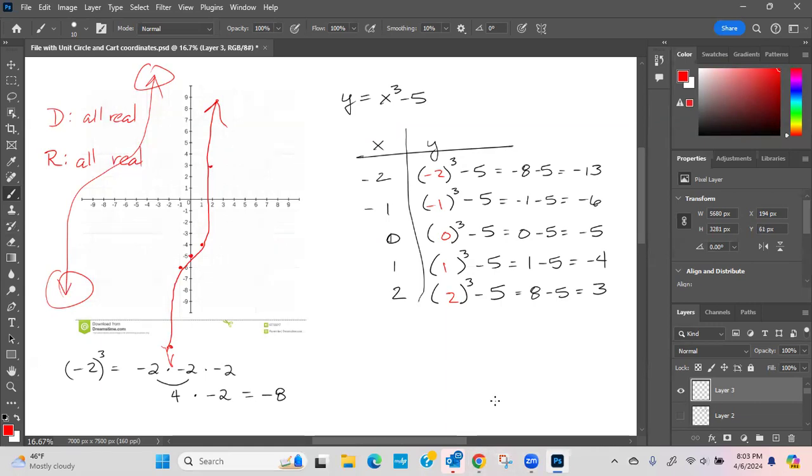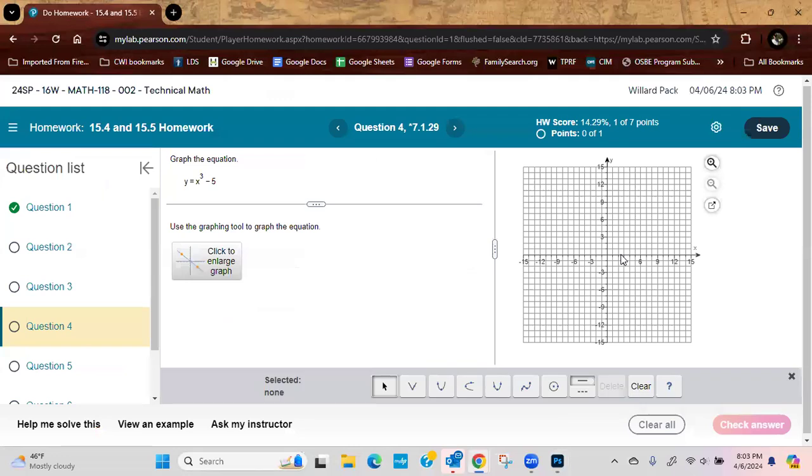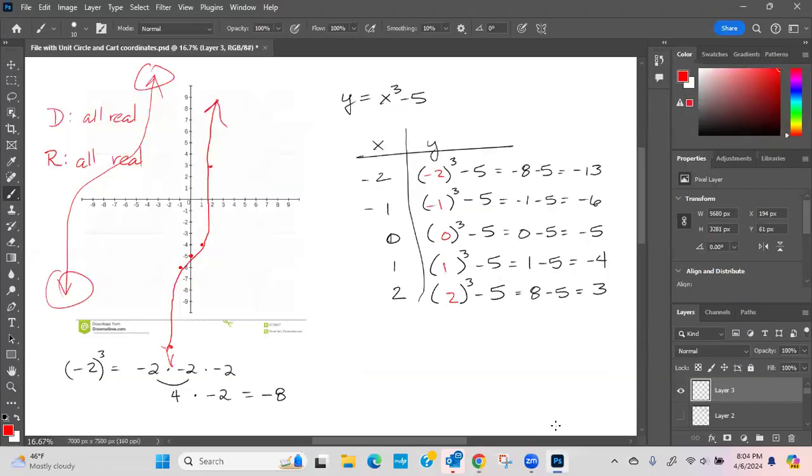Let's go into our problem and see if we can graph this thing. Now, when I click on the coordinate system and I need to pick a tool, I'm not going to pick the quadratic tool because it's raised to the third power, not to the second power. So I'm going to come over here to the 4-point cubic tool. That's the one I want. And we saw that at -2 was -13.